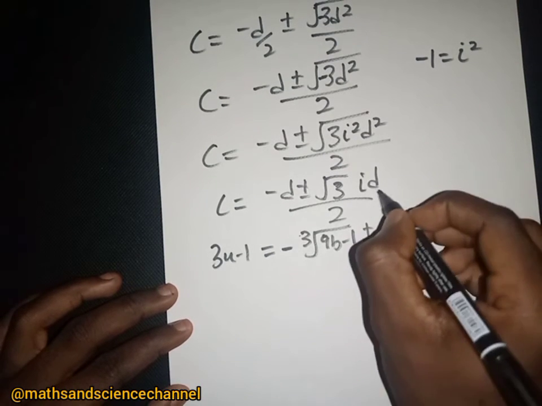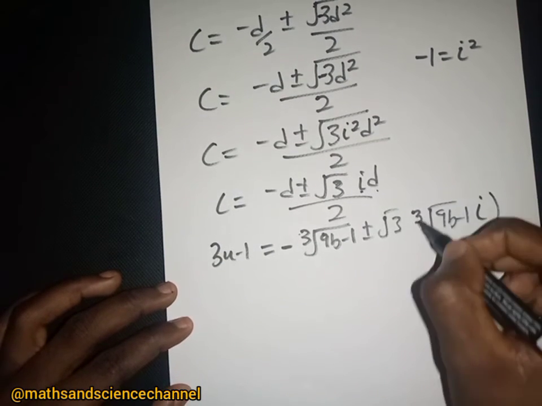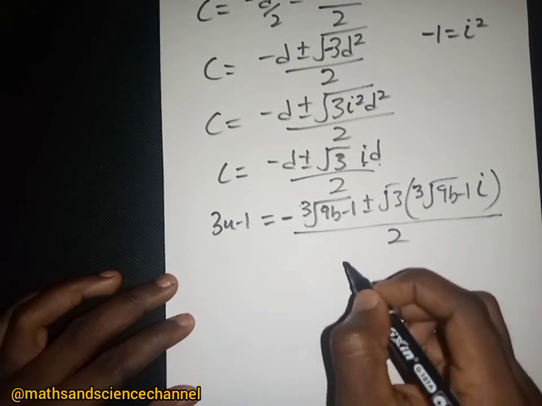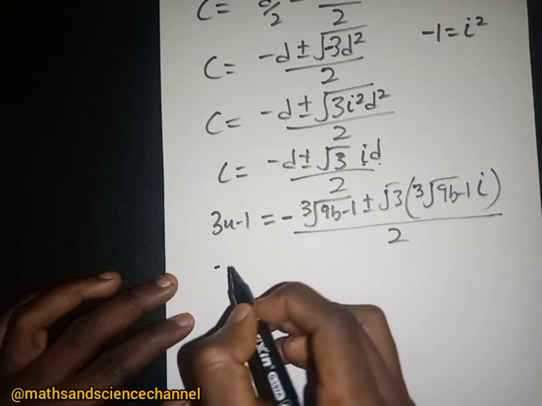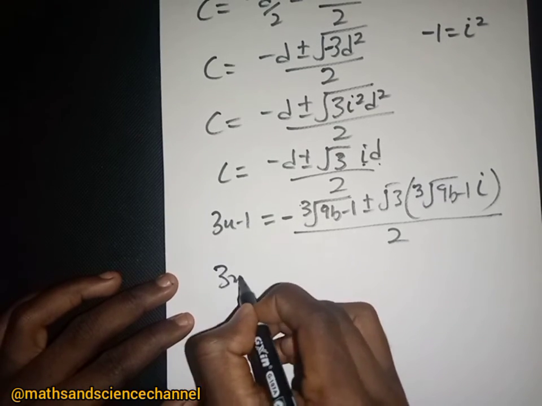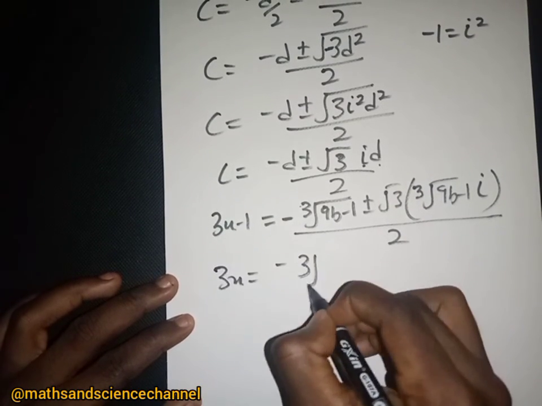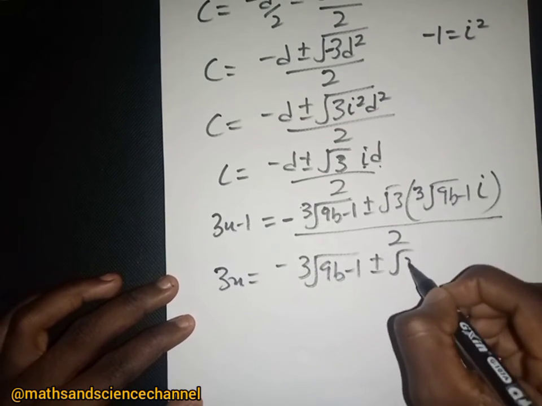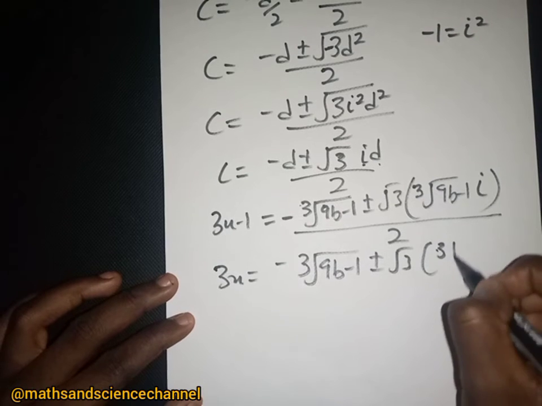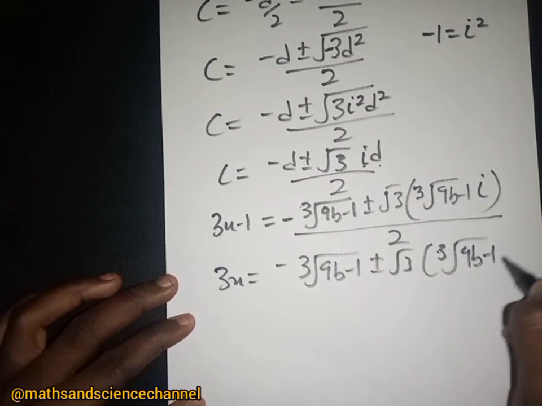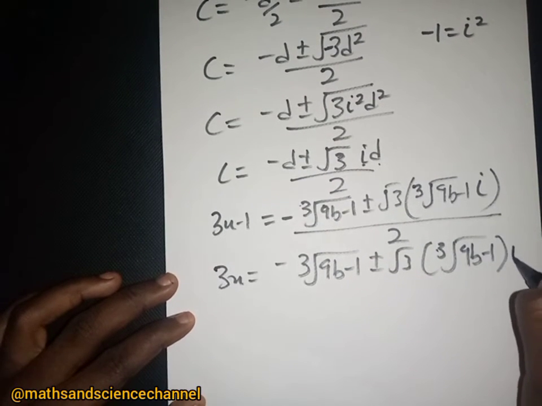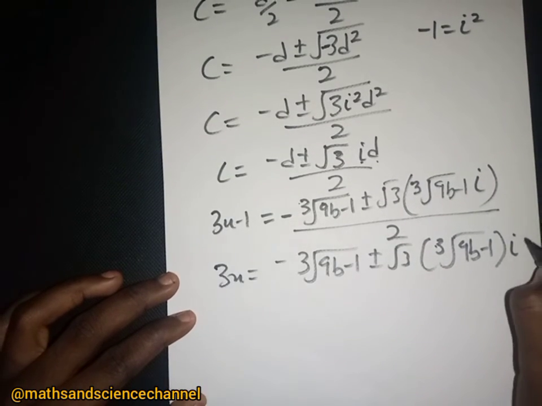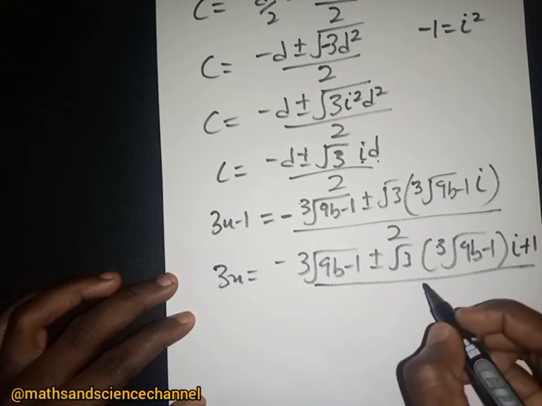Then remember there is i, so we add the i here, it's multiplying, being divided by 2. We are looking for x, right? So 3x can be equal to negative the cube root of 9b minus 1, then plus or minus root 3 here, then we have cube root of 9b minus 1 i, then we can have plus 1 here being divided by 2.